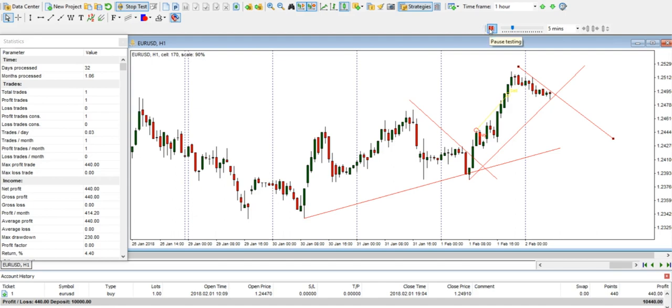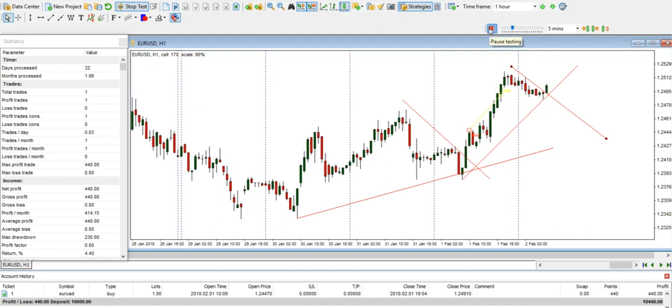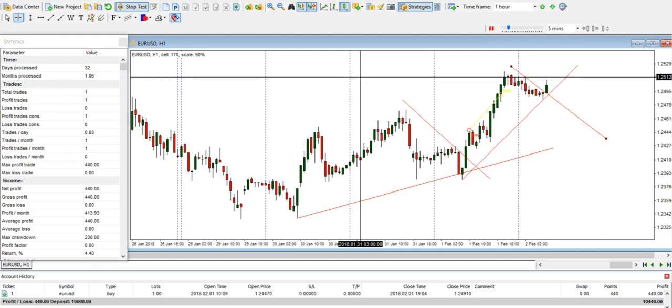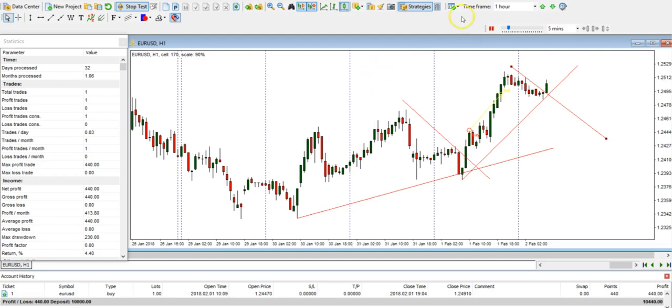So we're just going to hit play, and okay, so we have the buy line penetrated. Kind of wanted a couple of pips above.